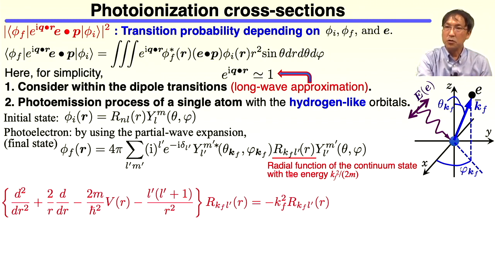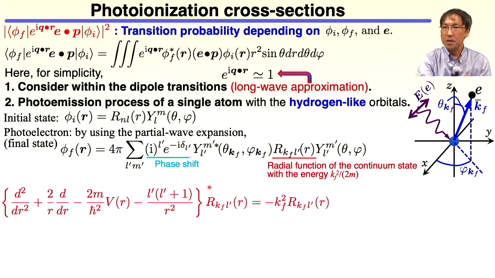The photoelectron is no longer in the bound state, so the wave number kf is a good quantum number instead of the principal quantum number n in the final state. This part represents the phase shift of each partial wave, which is not so important here.